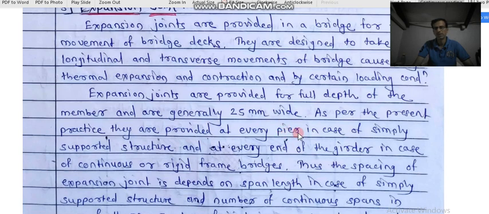And if the bridges are continuous or rigid frame bridges, then they are provided at every end of the girder.